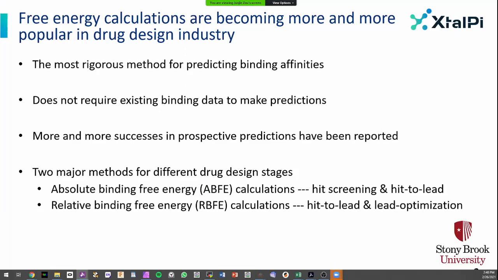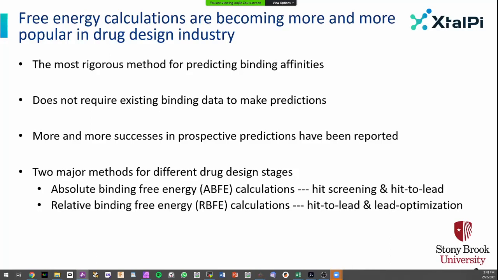There are two major methods used in drug discovery projects: the absolute binding free energy calculation for the hit screening and the hit to lead stages, and the relative binding free energy calculation for the hit to lead and mostly the lead optimization stages.